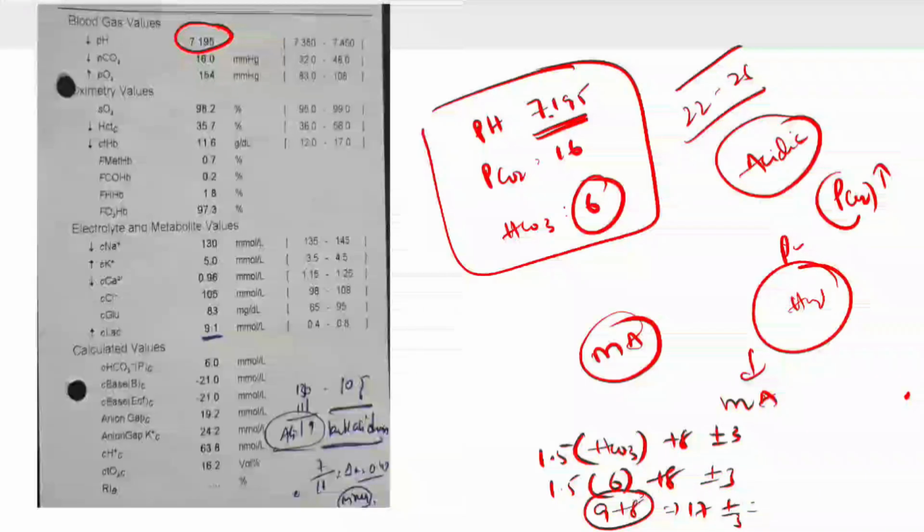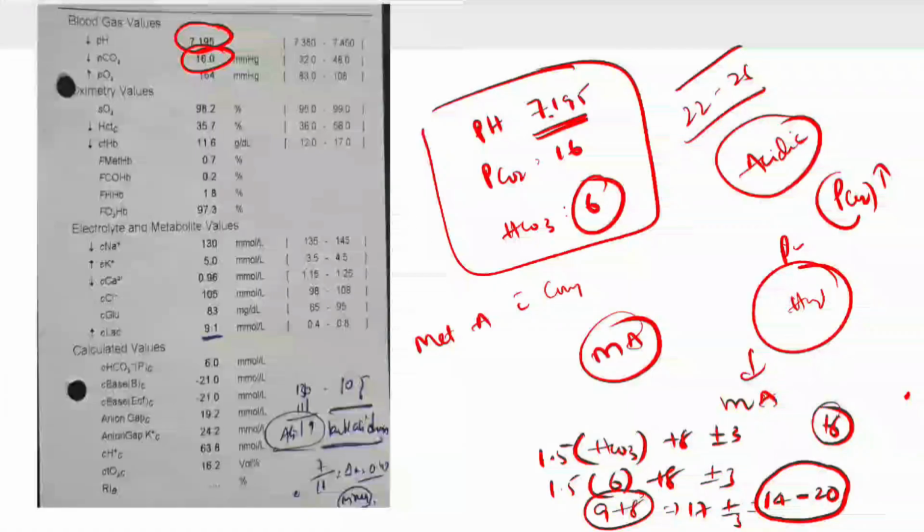The range will be 17 minus 3, 14, to 17 plus 3, 20. So the PCO2 value should lie between 14 and 20. Here the PCO2 value is 16, so it is compensated. So it is metabolic acidosis with compensated respiratory alkalosis.